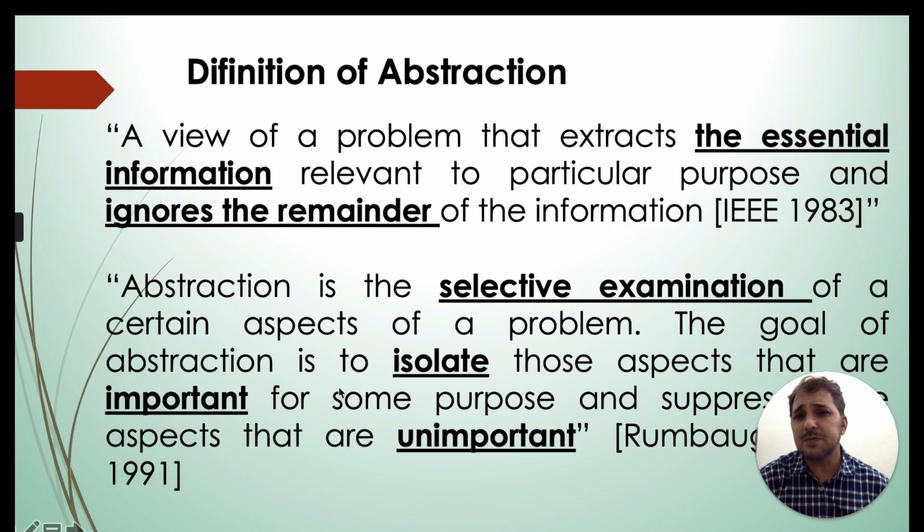The goal of abstraction is to isolate those aspects that are important for that purpose, and suppress those aspects which are unimportant. So you pick up an object, it will have many properties, but you select only those properties and functionalities that are important for you at that time. This process is called abstraction.